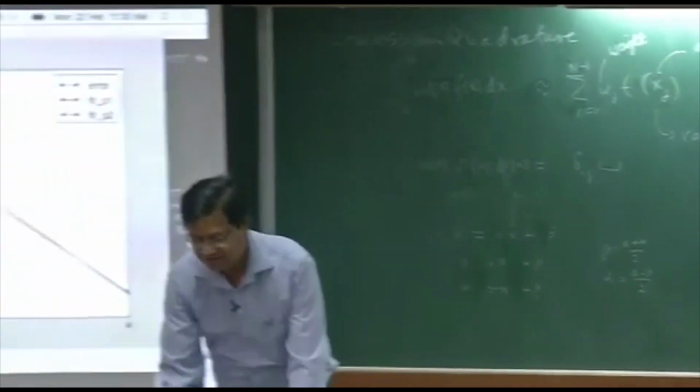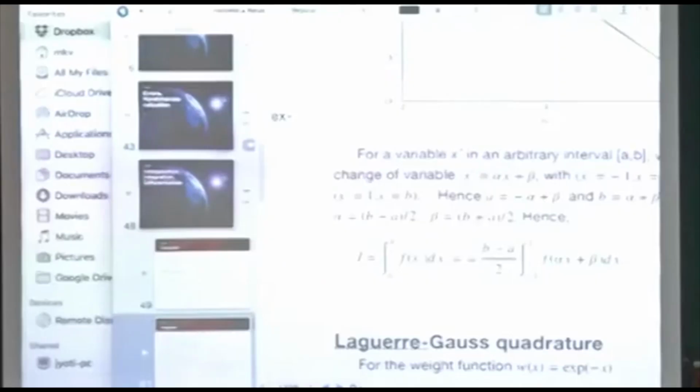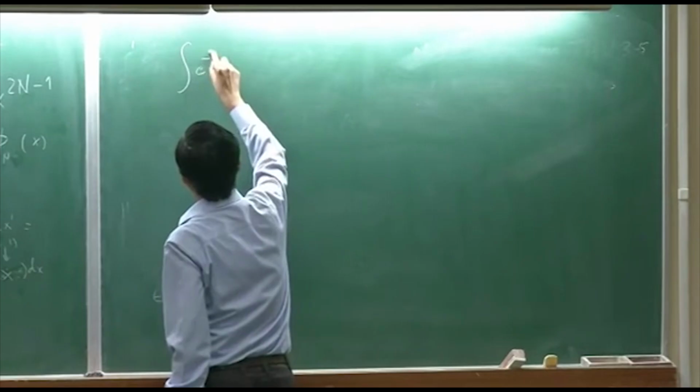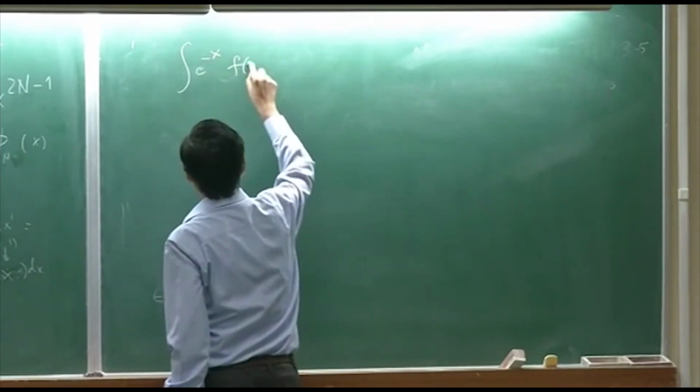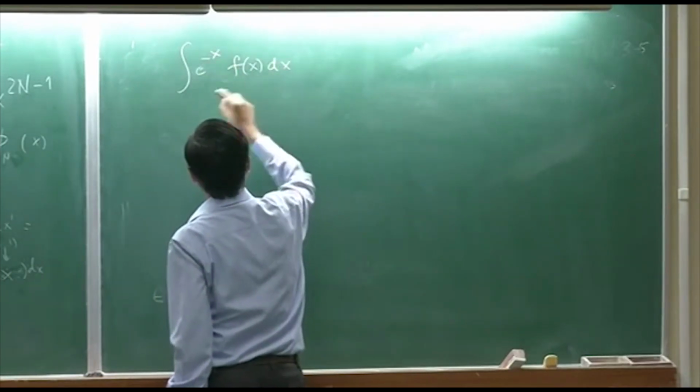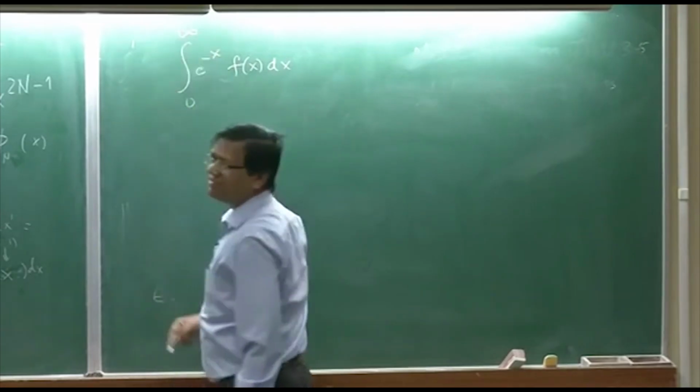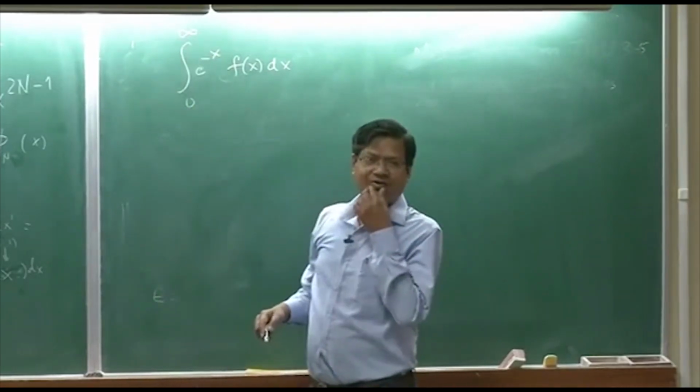Now this is about Legendre polynomials, but we can do more. So let's just use this slide only. I'm not going to write those functions. So we encounter these kinds of integrals.